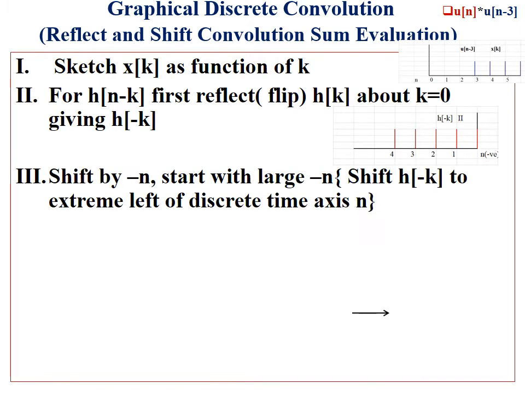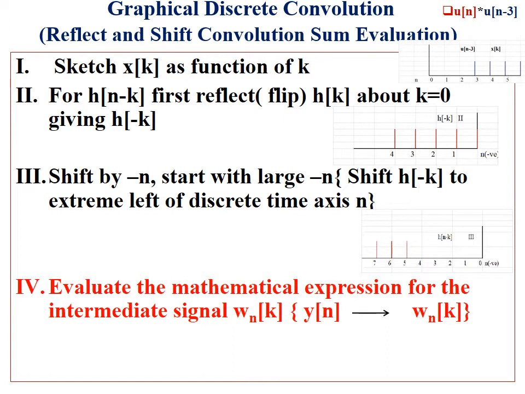Next, we shift h of minus k to a large negative value of n, resulting in an example like this. Only up to minus 5 is shown. However, it could go even up to a large value of n.